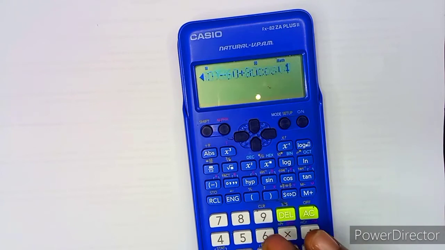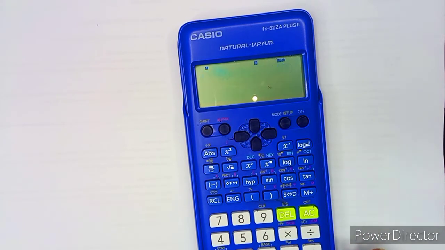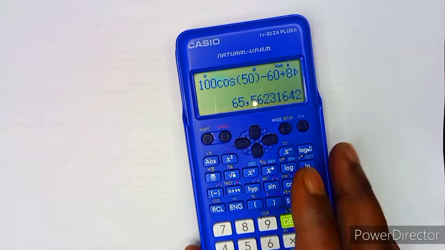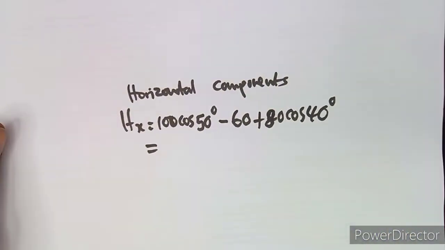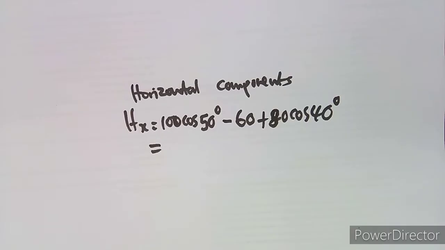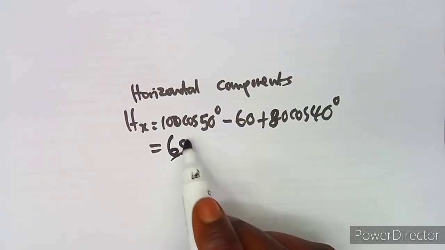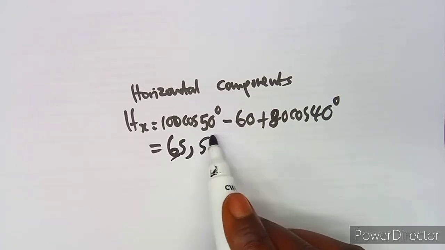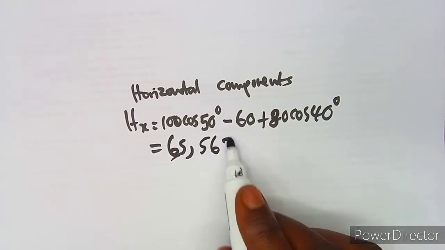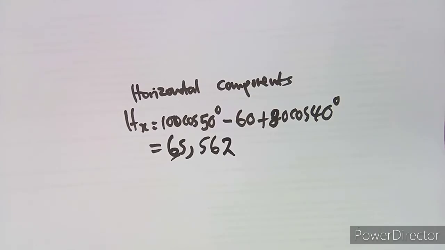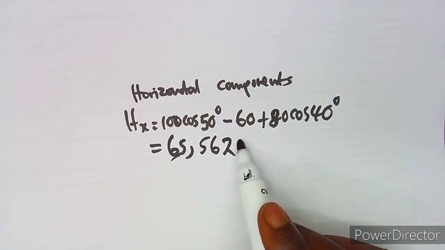Make sure that your calculator is in degrees in this case. So that is going to be 65.562, and we write maybe 3 decimal places. These were actually newtons, so it's newtons like this.